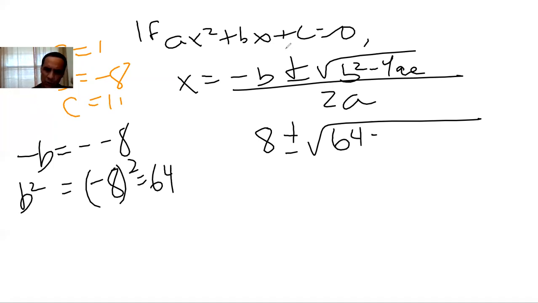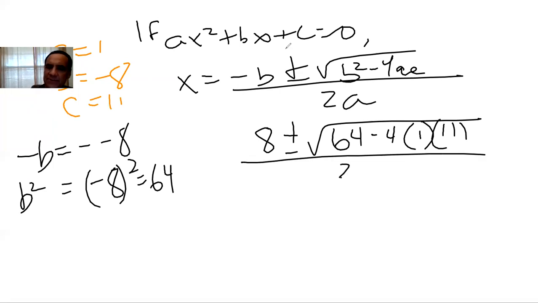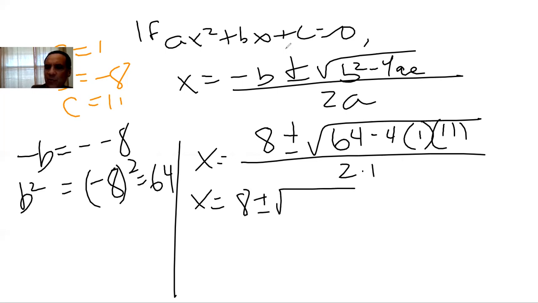And then I have 4 times 1 times 11. Now, I'm going to divide that by 2 times 1, which is just 2. That's going to lead to x equals 8 plus or minus the square root of 64 minus 44, which is 20, over 2.